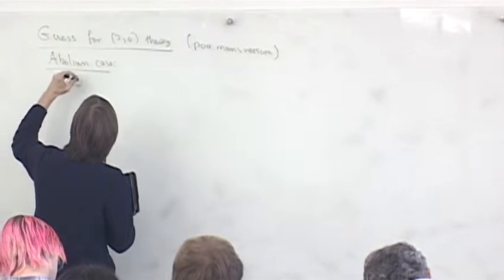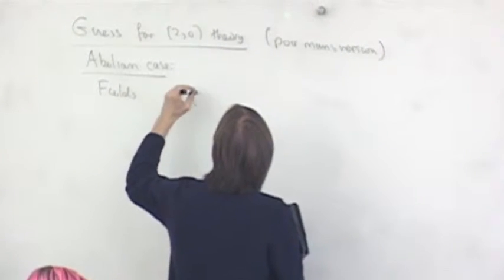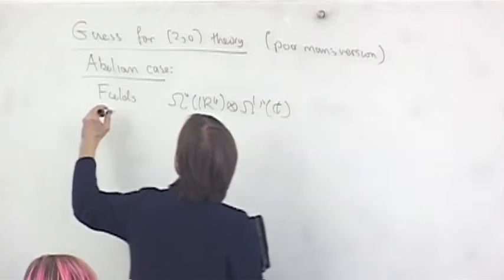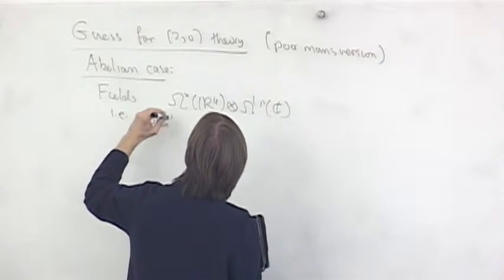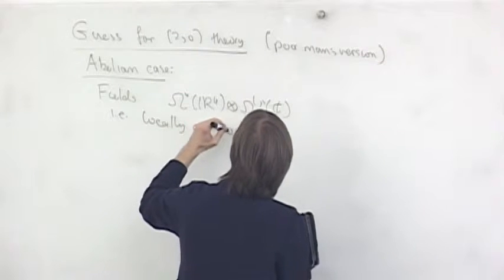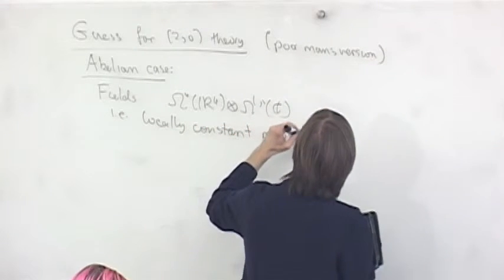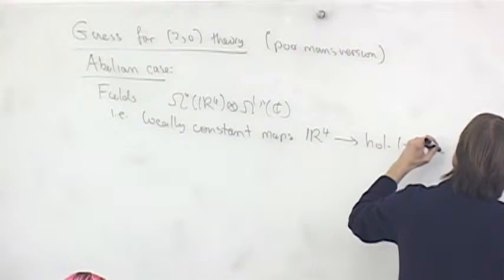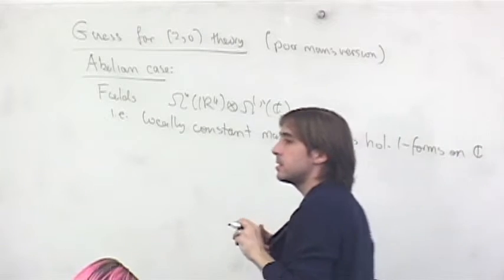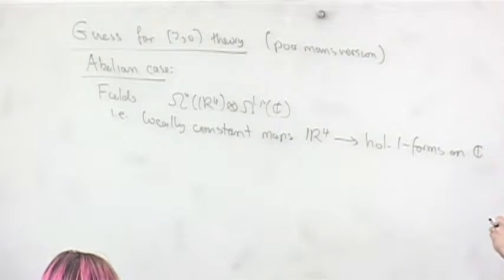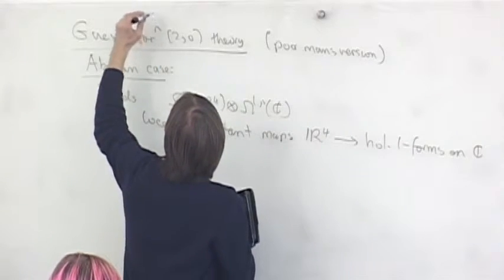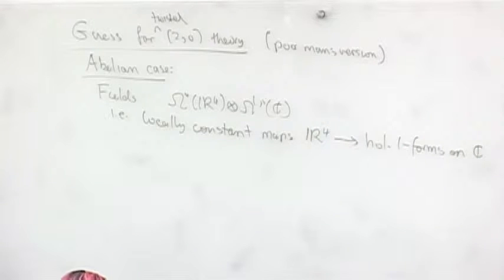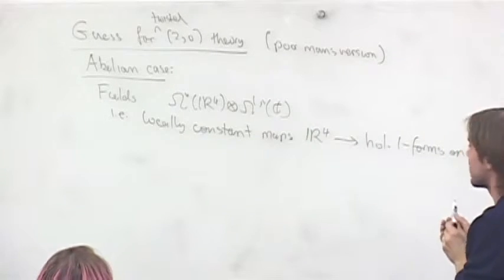The fields should be the de Rham complex of R4 tensor omega 1 star of C, i.e. locally constant maps from R4 to the space of holomorphic 1-forms. Zero theory means after the twist. Yes, exactly. It's the full physical theory. I would be insane to claim I knew anything about it.